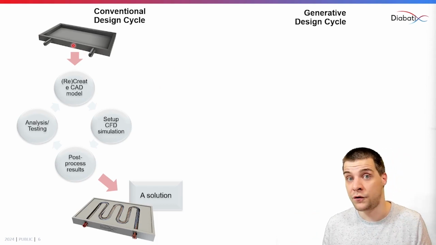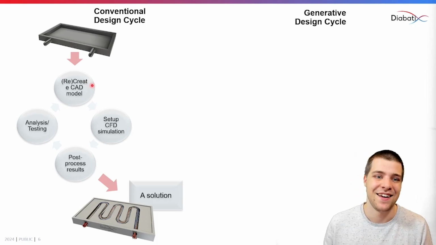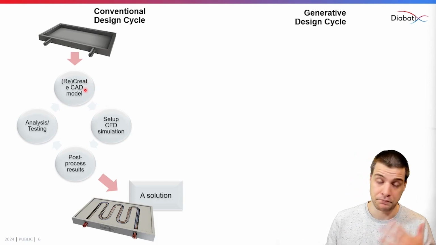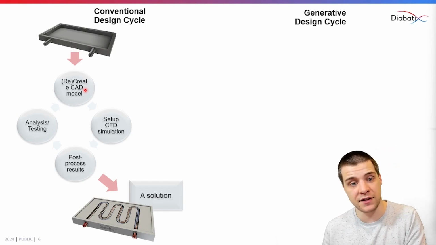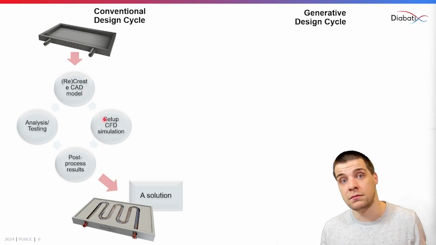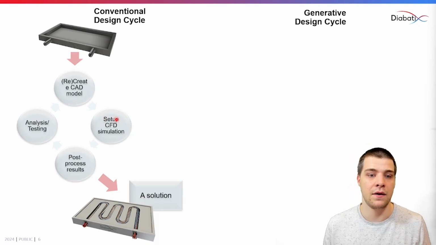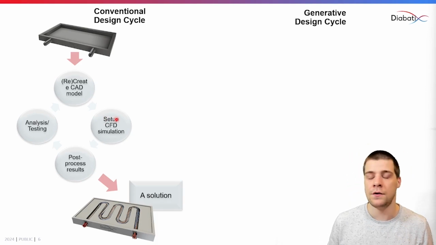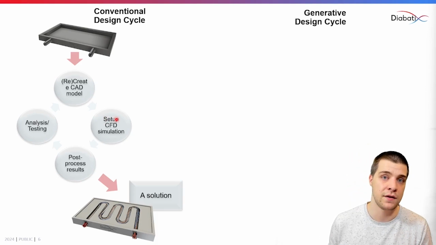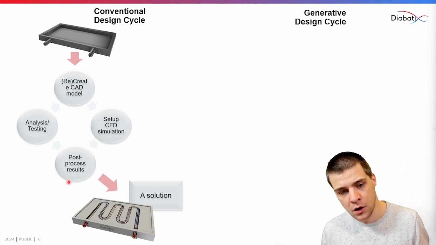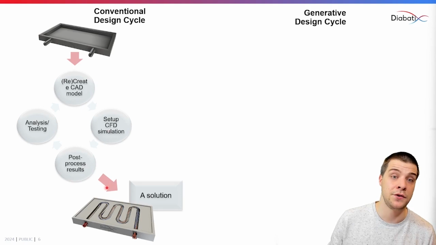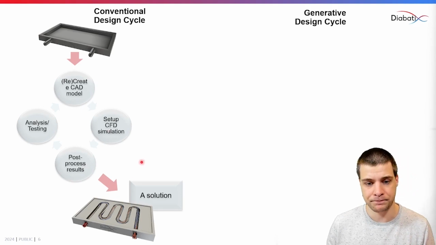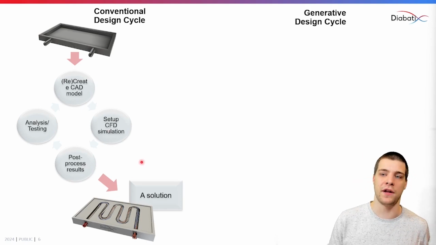What you would do first is create an initial pin design, either based on what you see in literature or from previous experience. Then you run a CFD simulation, or you do physical experiments to know the performance of that design. You post-process the results, you analyze them, and then you loop through this until you get a solution. That's the conventional way of working.